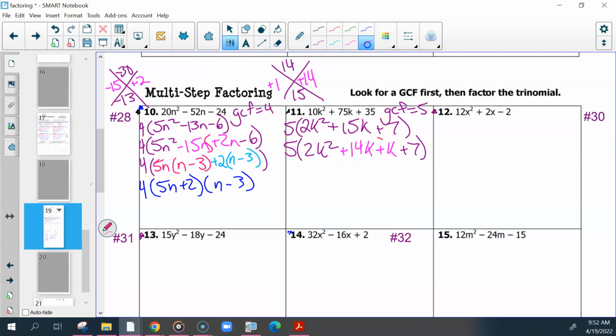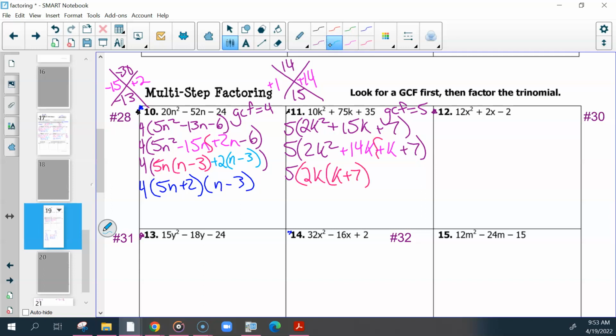What would the GCF of the first two be? Depending on how you wrote it, in mine, it would be 2k. If you switched it, it would just be k. Leaving what? k plus 7.